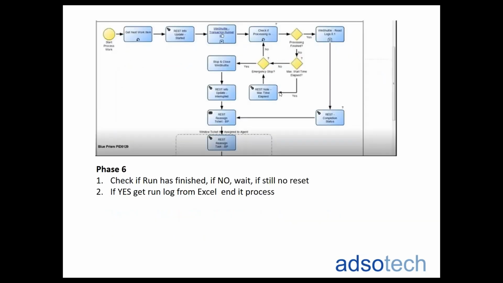The last sub-process is that we just retrieve the log file and put it back to the Blue Prism log. We also need to check that Winshuttle has actually stopped running, and we might need extra time to finish before we can close the process.